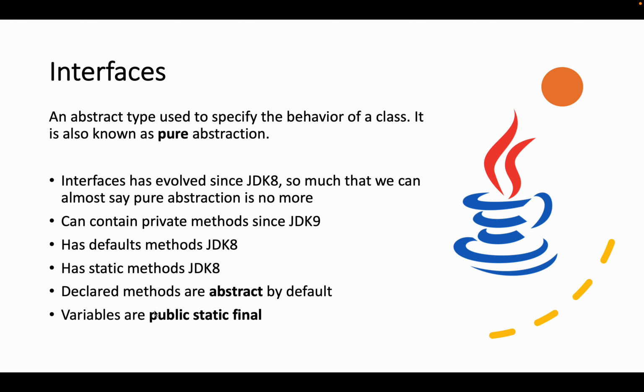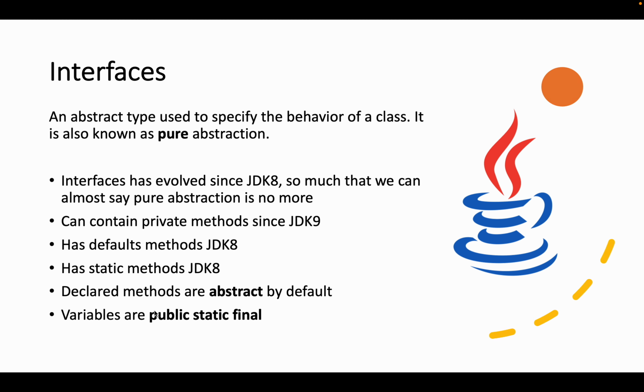Because in the olden days we knew interfaces to only contain abstract methods. That's what we knew an interface for. But today you can have method implementations, default methods, static methods, private methods, and all that. So declared methods in an interface are abstract by default, without any body.